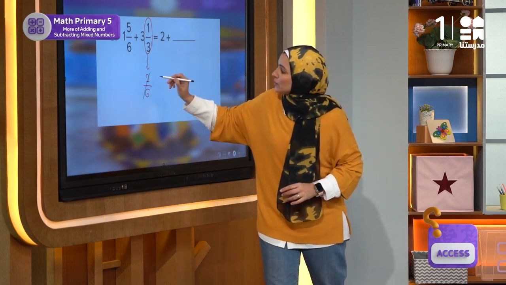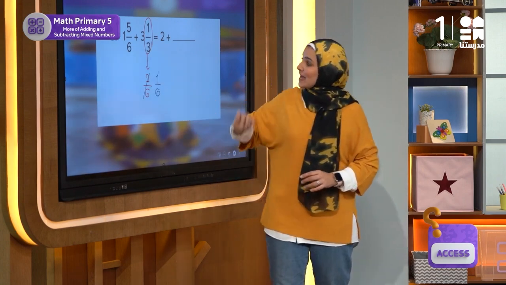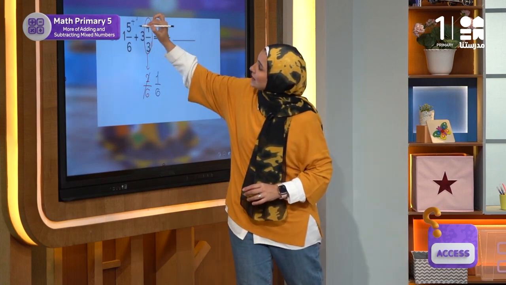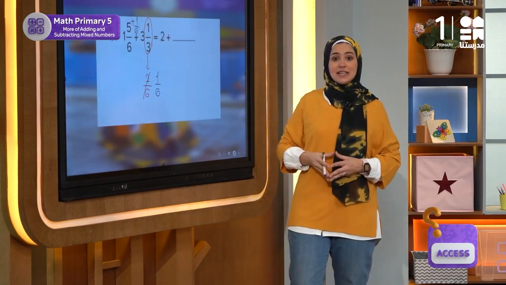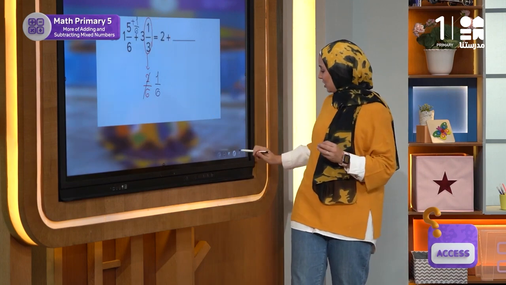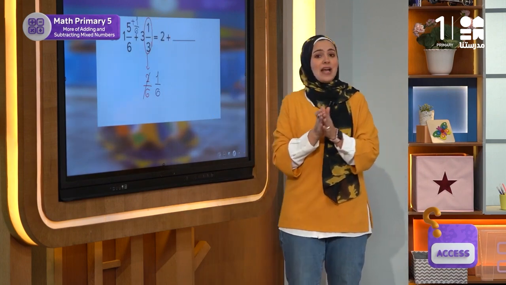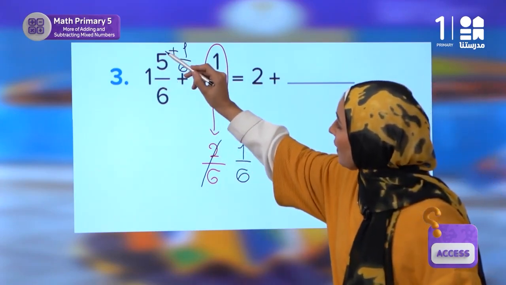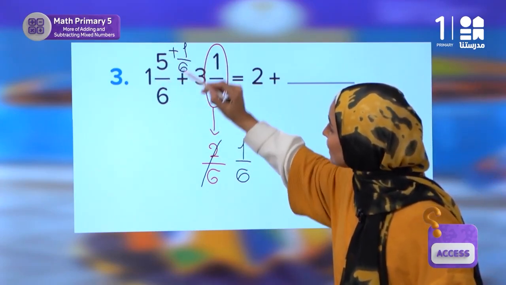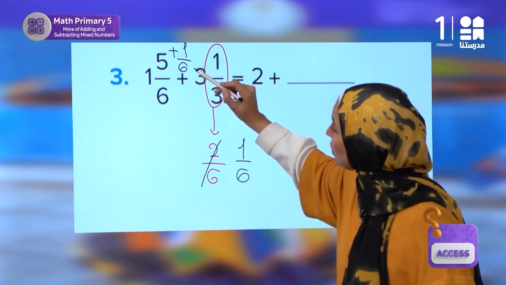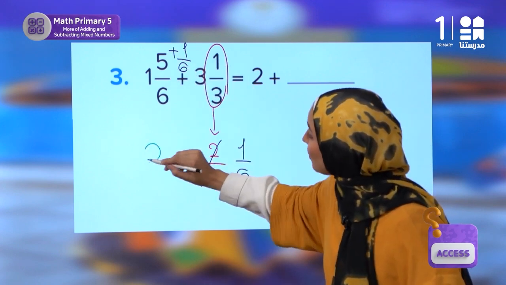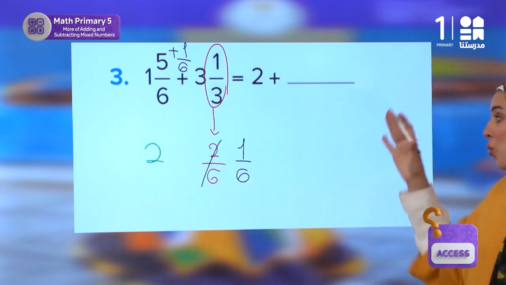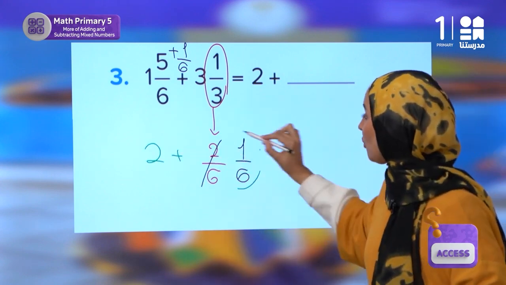This number will be 1 over 6, and I'm going to add here 1 over 6. So, let's check. We are going to check this number 2. 1 and 5 over 6 plus 1 over 6. So, this is 1 whole plus 1 whole, so it becomes a 2. What is left here? 1 over 6.